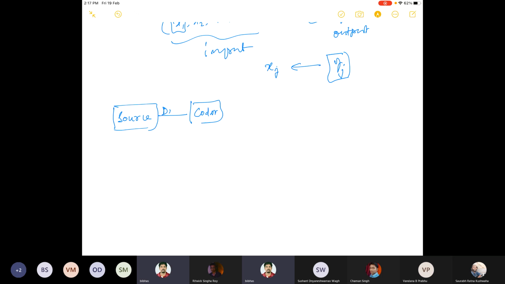Let's say the source is discrete. The coder will code these letters in terms of some binary sequence. And then there is something called a digital data modulator.